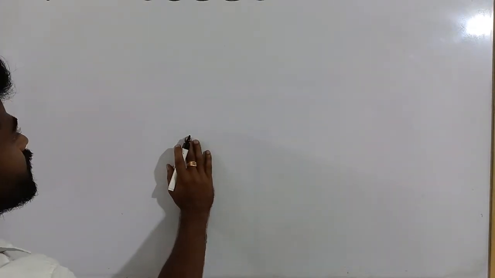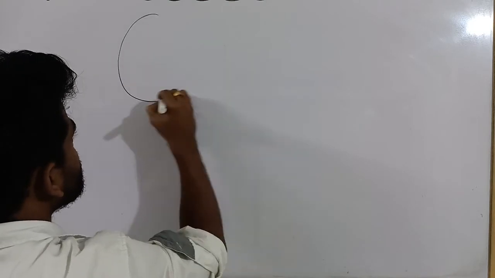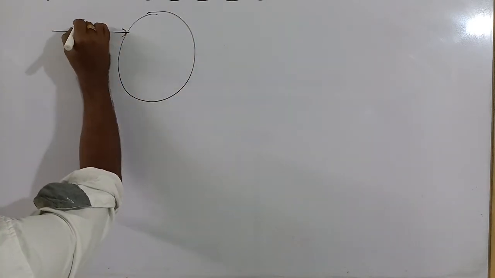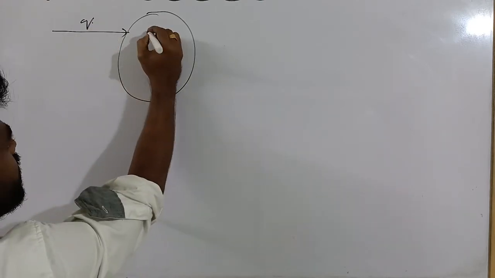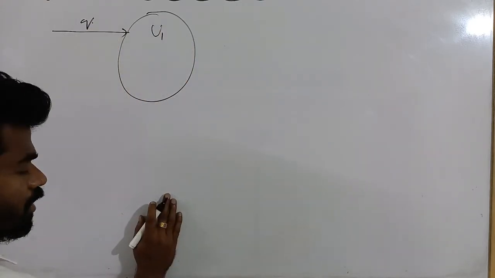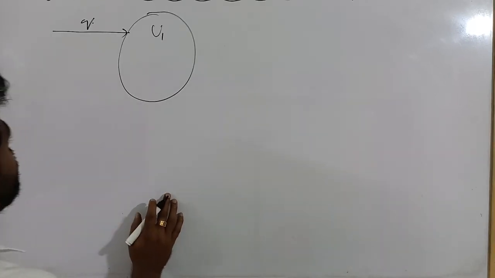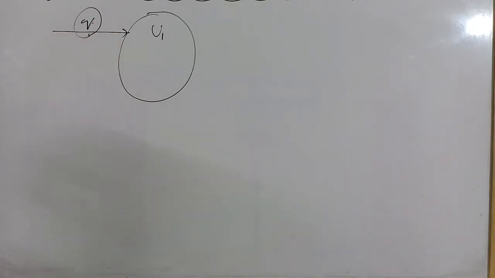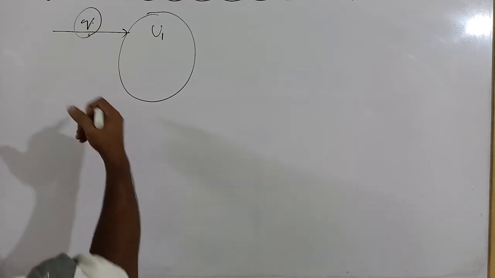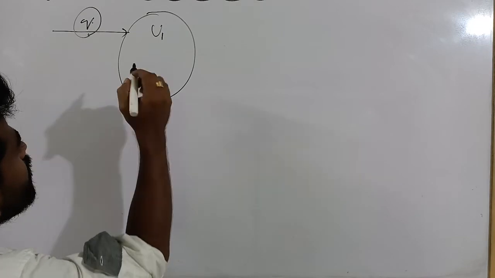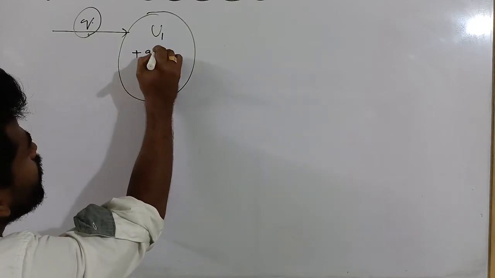Let's say a system is here, this one is a system, and suppose q amount of heat is supplied to the system. Initially let u1 be its internal energy, and if q amount of heat is supplied to the system, that means the system absorbs q amount of energy, so I can write plus q.